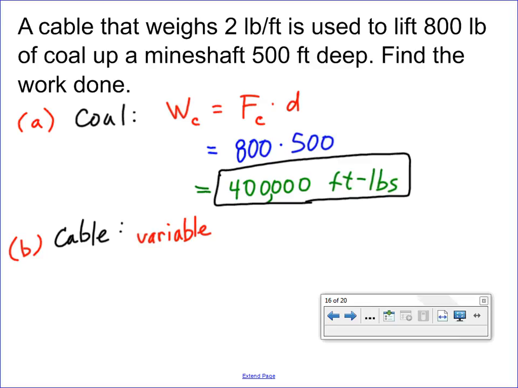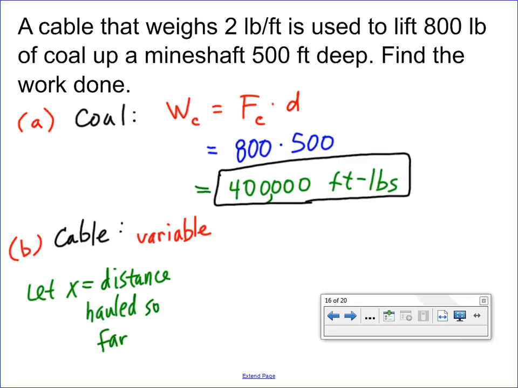And we can do this all different ways. If you want to keep the same scheme as the rock climber, we could again let x equal the distance hauled so far.